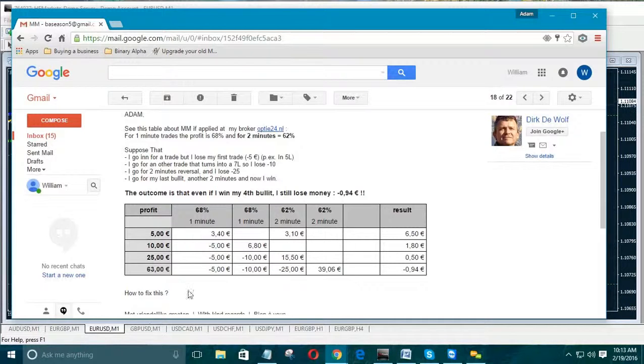You just have to mess around with the numbers to see what works best for your percentage of payout. Again, we mostly trade live money on 24 option. And so because of that, they have 70% payout on 1 minute trades, and they have 72% payout on 2 minute trades. And so that money management works best for us.